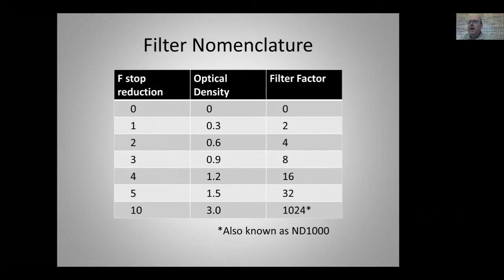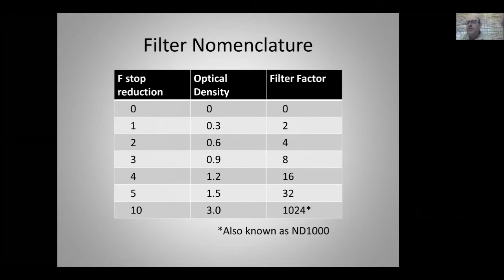The optical density designation for that filter is 0.3. They just call it a 0.3 neutral density filter. And the filter factor is 2, the bottom of a fraction, so it's 1/2, and it filters out 50% of the light. That's what all that means.